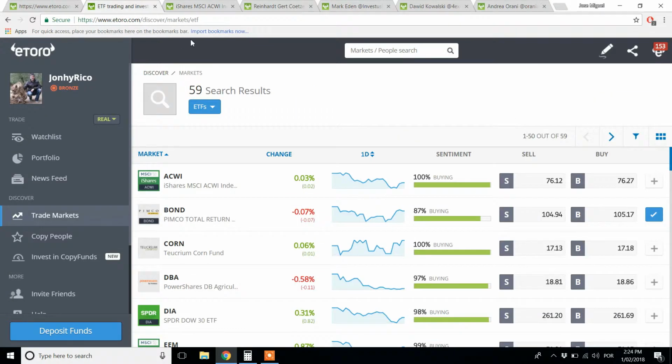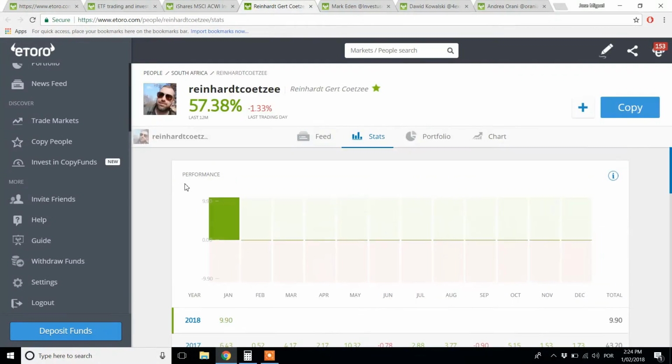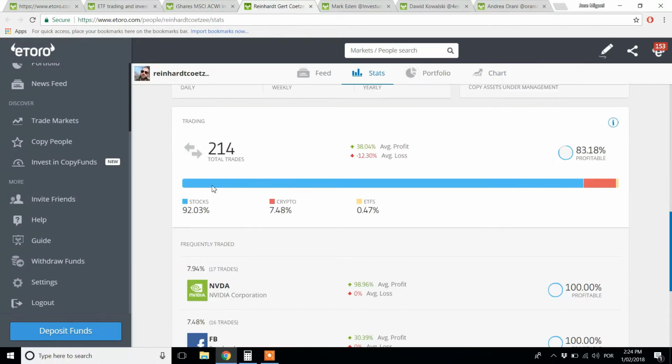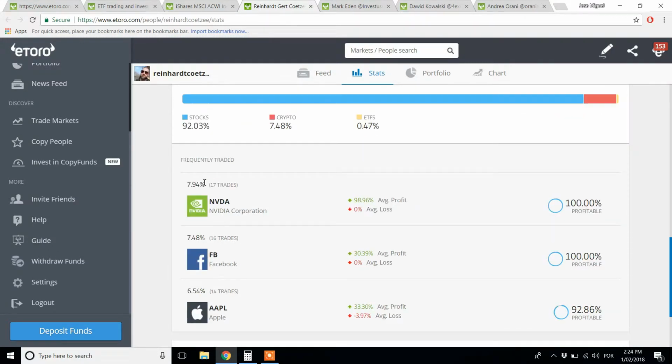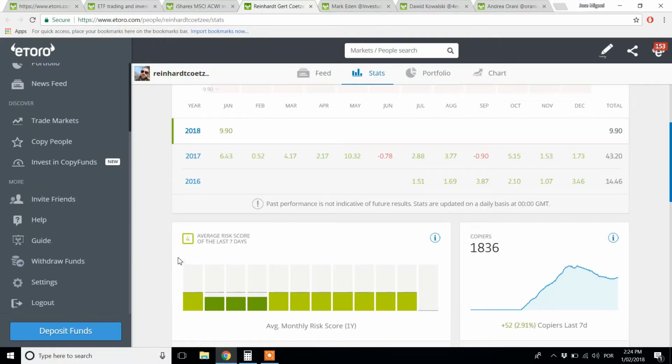Then, talking about the traders that I would copy if I was choosing them today. For stocks, I would go with these 2. The first one is this one, and you can see that he specializes in stocks, pretty much everything that he trades is stocks. His frequently traded stocks are some of the big American companies. He has a low risk score of 4.